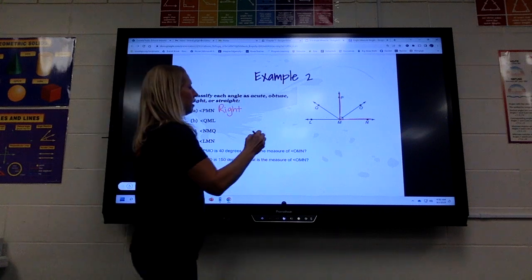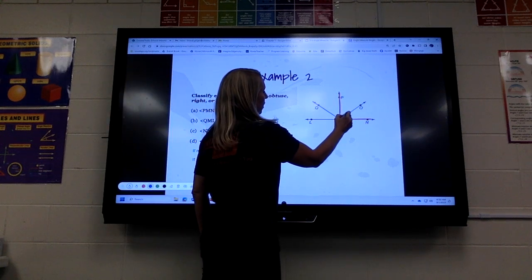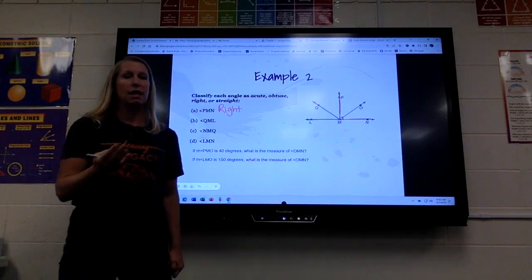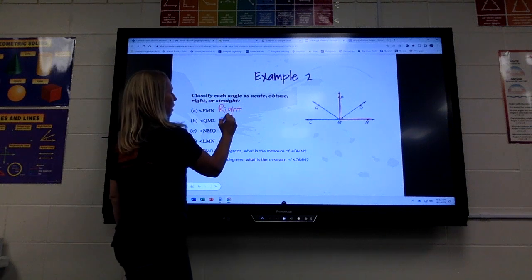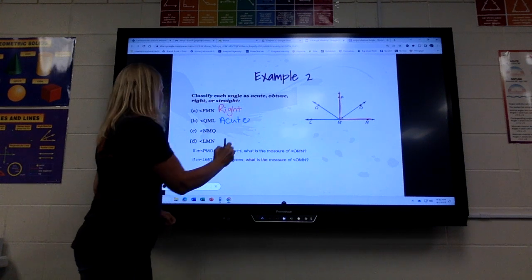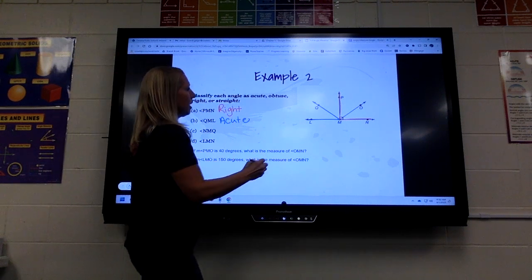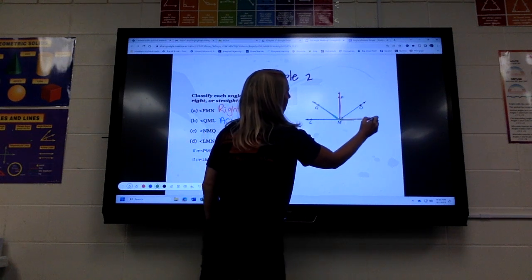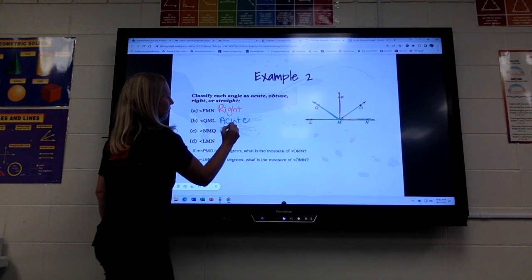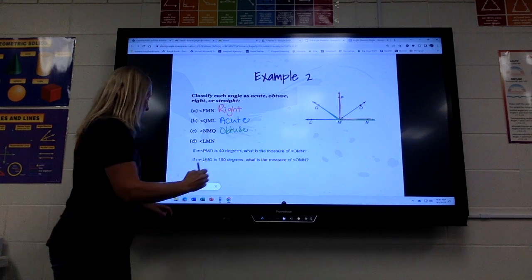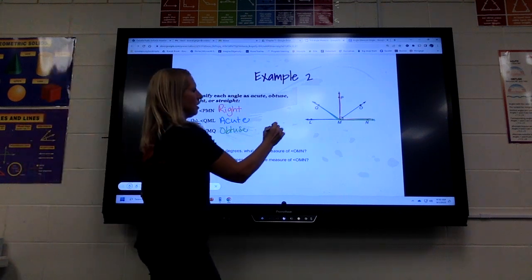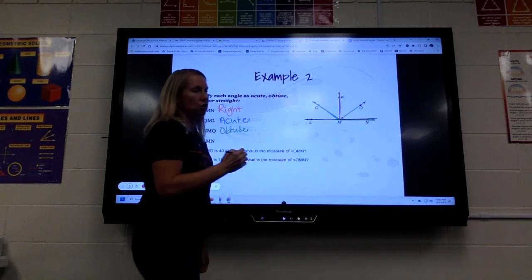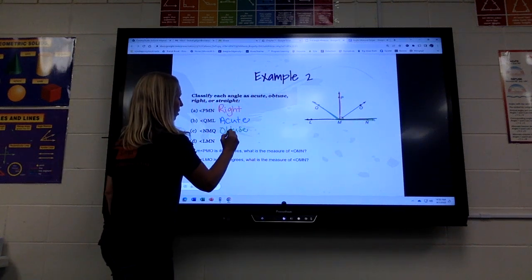Angle QML is less than 90 degrees, so that would be acute. Angle NMQ is more than 90 degrees, so that would be obtuse. And then angle LMN is that straight line, so that would be a straight angle.